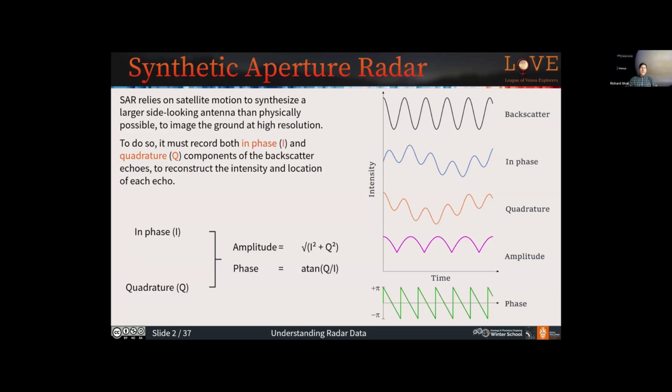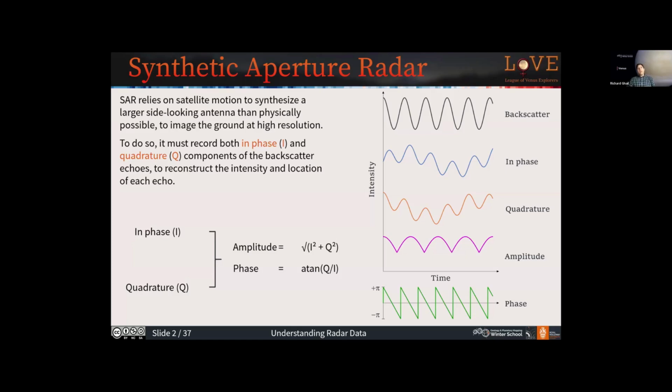On the receiver, as it's part of the same transmit-receive system, the backscattered radar signal is recorded in what's called in phase, which is the 0 and 180 degrees of the wave, and quadrature, which is the 90 and 270 degree part of the signal that comes back. Don't worry about the details, but if you look at the graph on the right, you'll see that the wave goes up and down, and we record two parts of that wave.